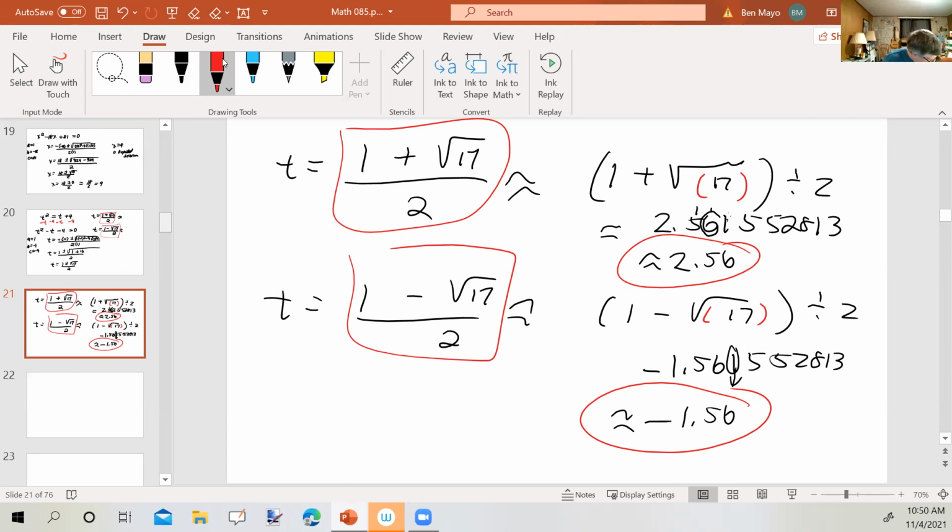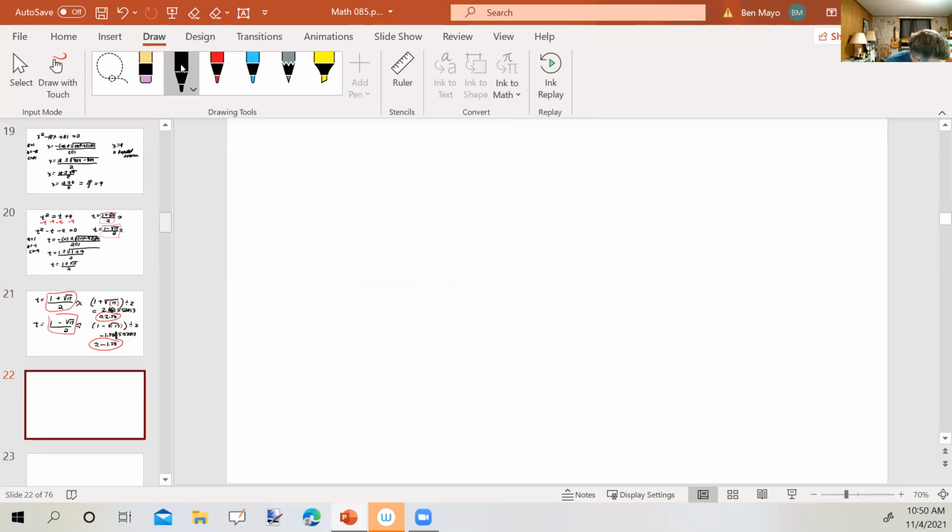Okay. Let's take a look at another example. Let's see here. This says 4w squared plus 1 equals negative 6w. So my leading term is the 4w squared, the variable with a 2 exponent on it.